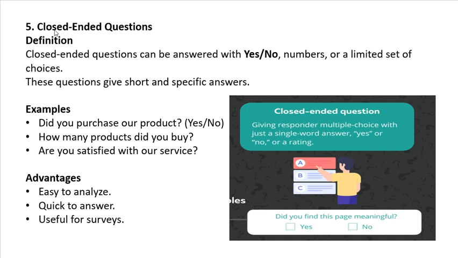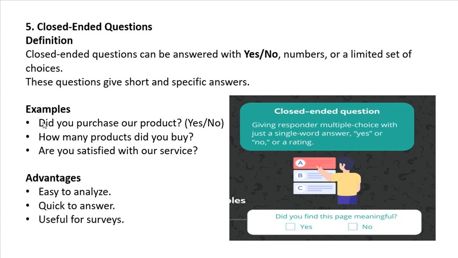Fifth is close-ended questions. Close-ended questions can be answered with yes or no, numbers, or a limited set of choices, and give a short and specific answer.